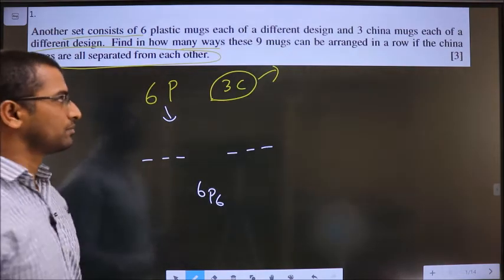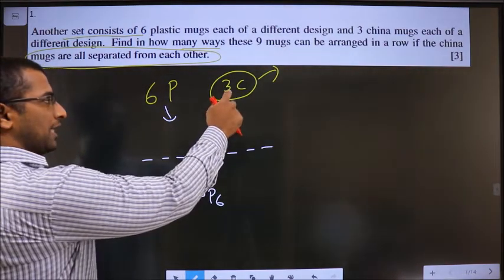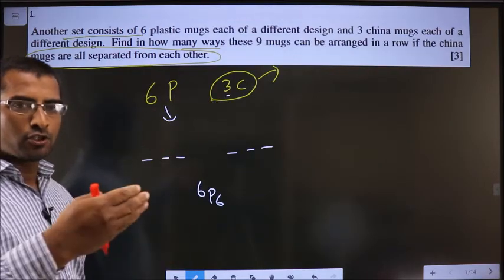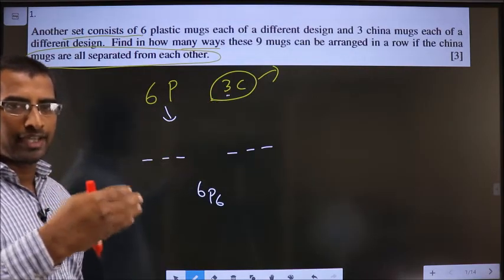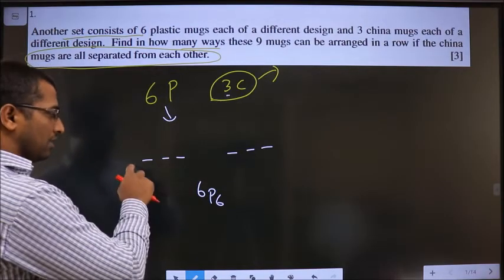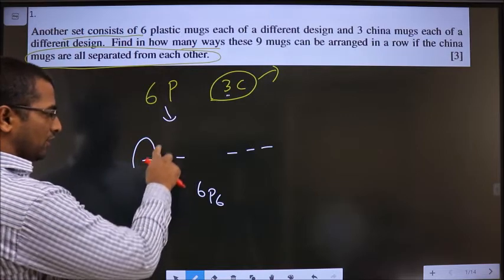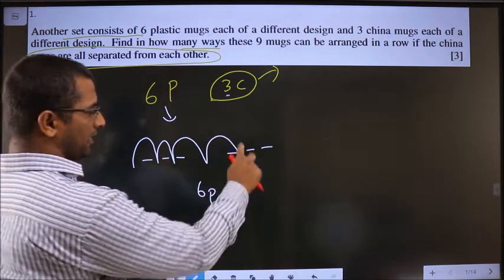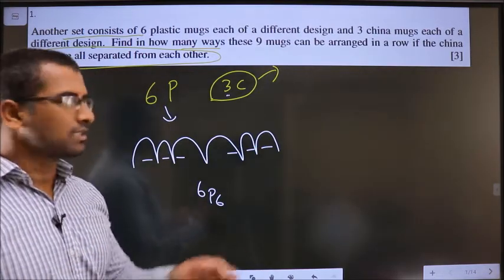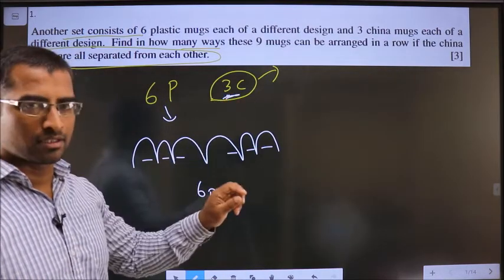Now, these should not be together means they have to be placed in between. So you should see how many places you have in between. In between places are 1 here, 2 here, 3 here, 4, 5, 6, 7. So in between 7 places for these 3 mugs.